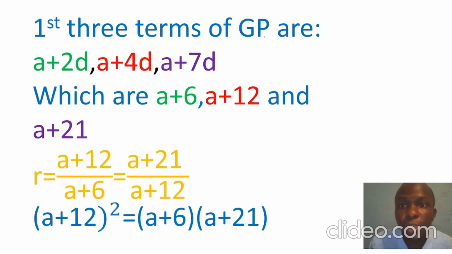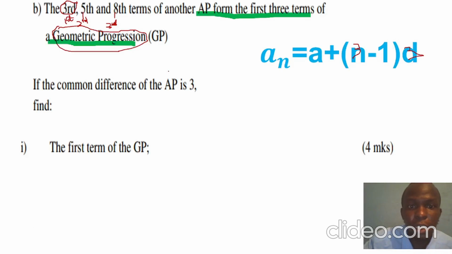So the first 3 terms of the GP are A plus 2D, A plus 4D, A plus 7D. Let me try to explain how this has come. The first term of the GP will be expressed in terms of A. So that is A plus 3 minus 1, which is 2D.